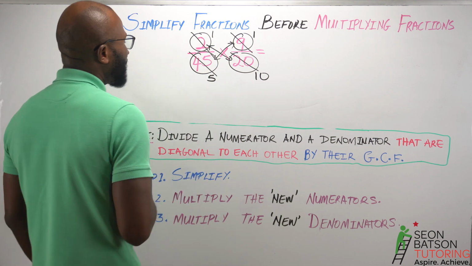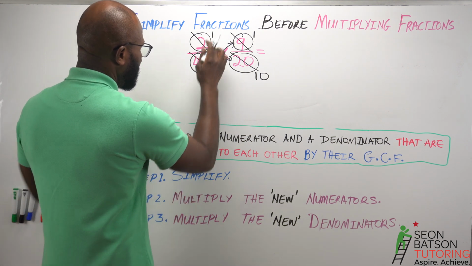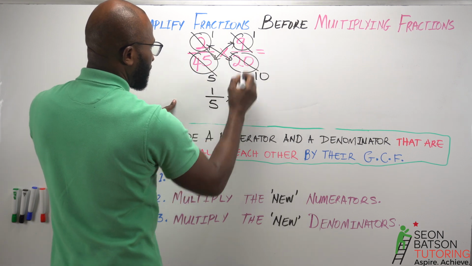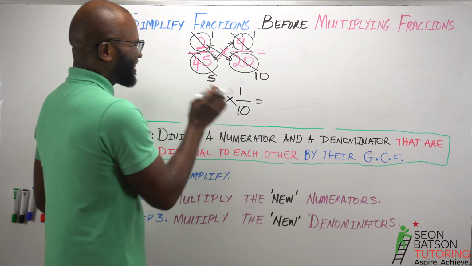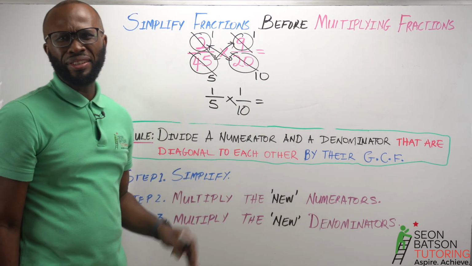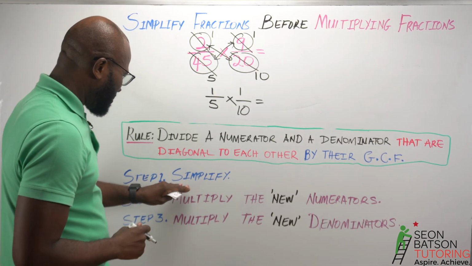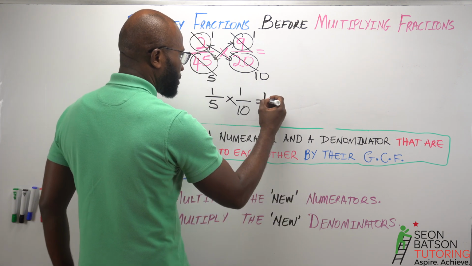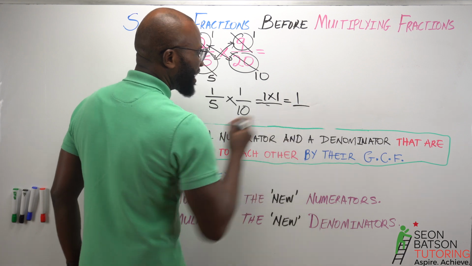Now, let's put back what's left after simplifying. We have a 1 and a 5 and a 1 and a 10. This is kindergarten stuff to multiply. Easy stuff. So after simplifying, we will multiply the new numerators. So we will do 1 times 1, which is 1. Yes?